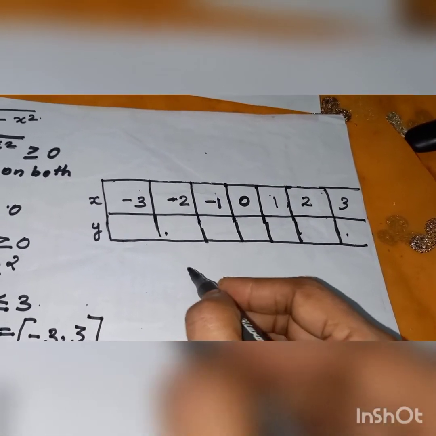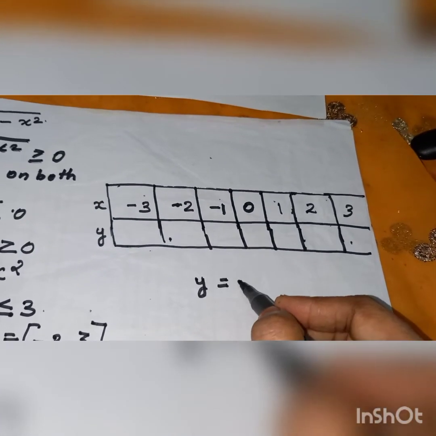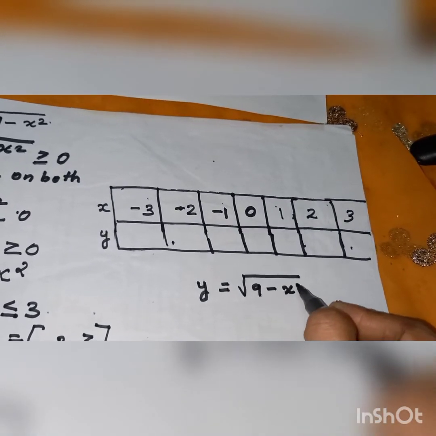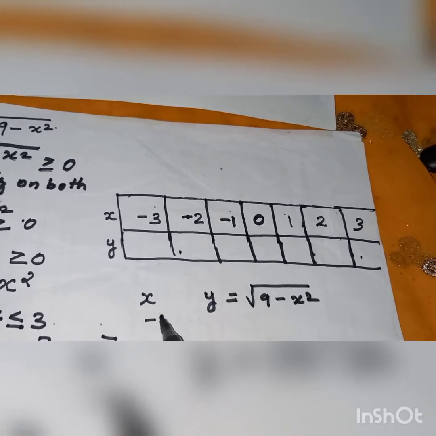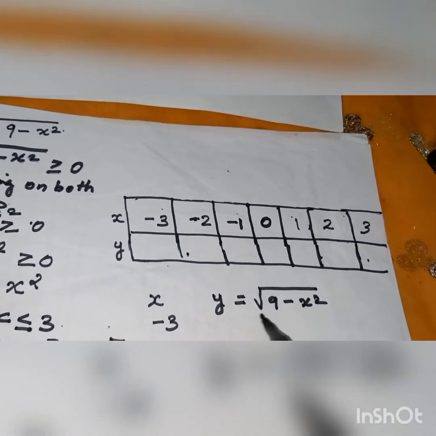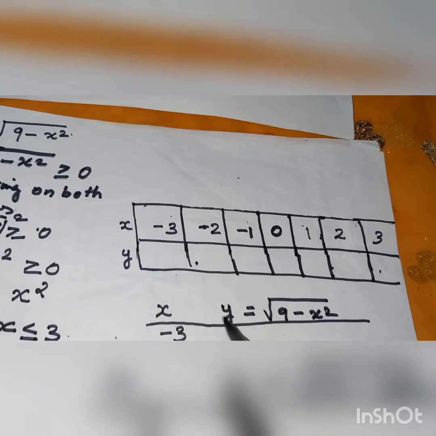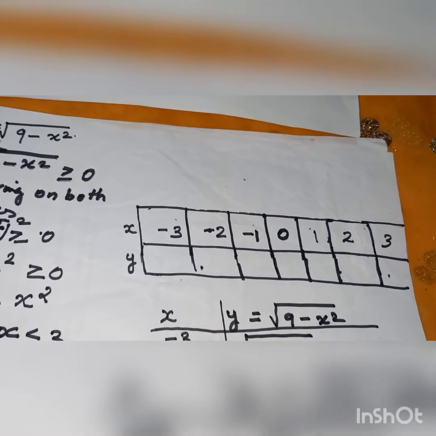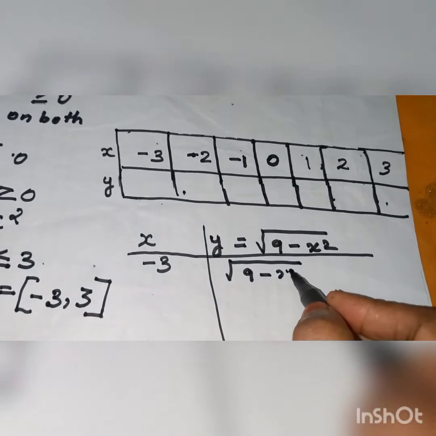Range is equal to y. Y is equal to root of 9 minus x square. So first we put minus 3 here. Then what happens to root of 9 minus x square?